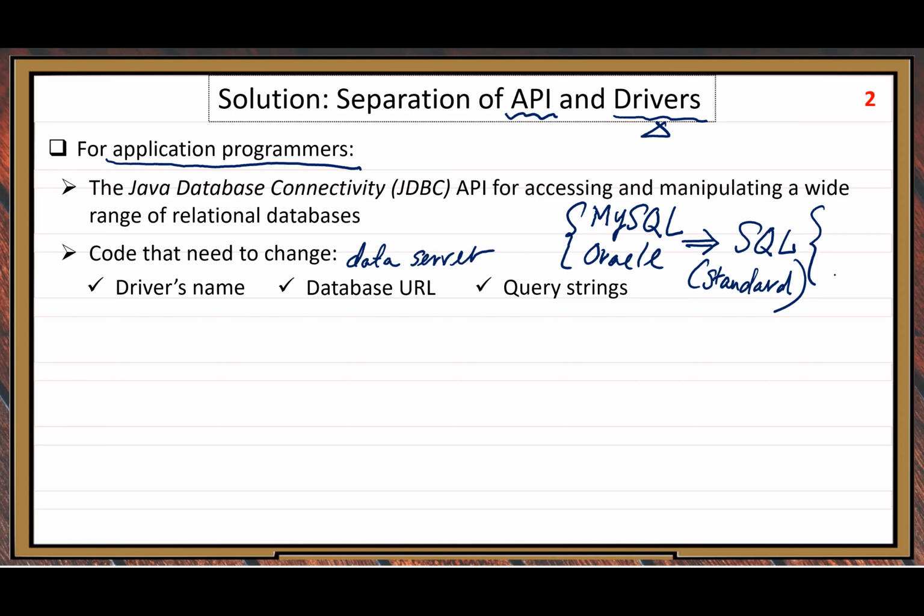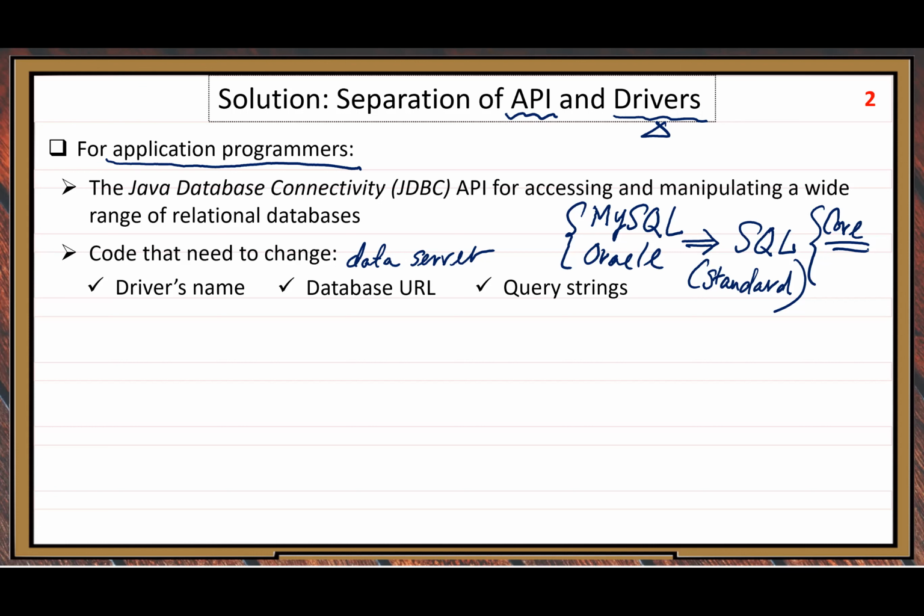Because SQL has two parts. The first part, the core part, is the standard part. All database vendors follow the same core part. So no question about that. But the core part is not enough. Each vendor feels the core part still cannot solve all their technical problems.